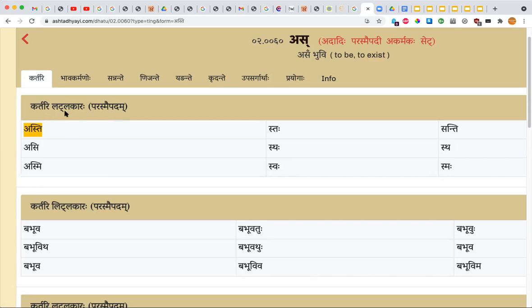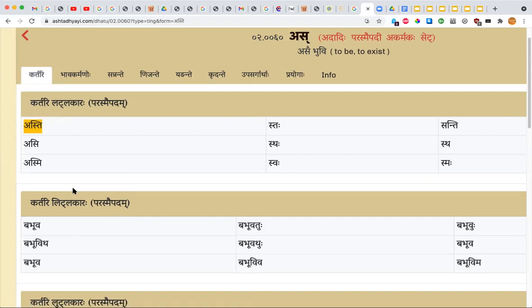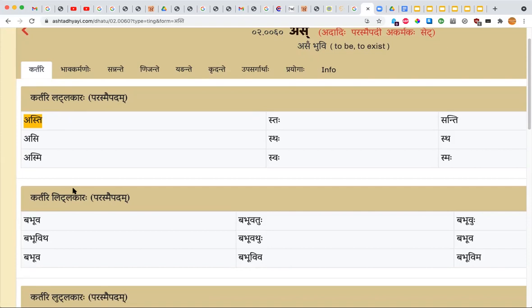Etat lat lakara asti. Lut lakare pada rupani kim? Bhavishyat kala. Lut lakare. Do you remember? Okay, somebody else? It's Bhavishyati, right?